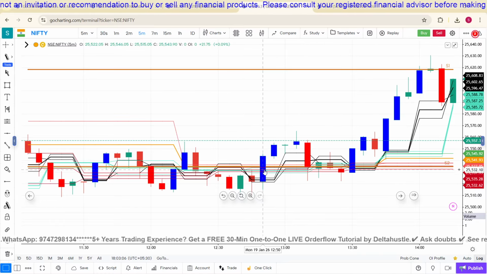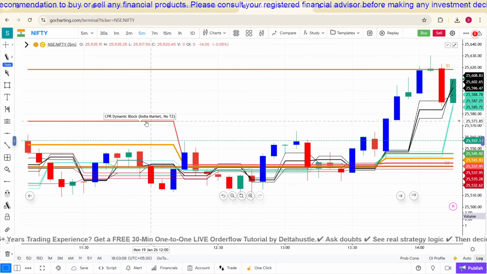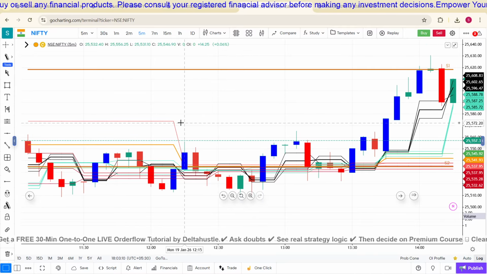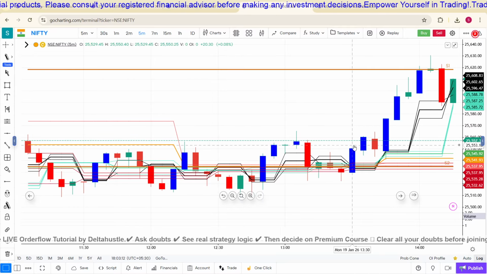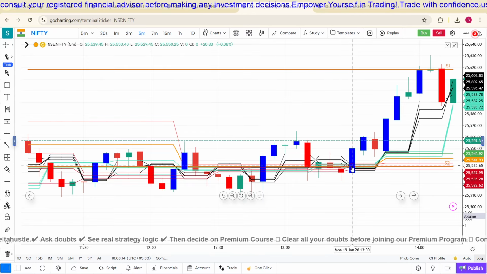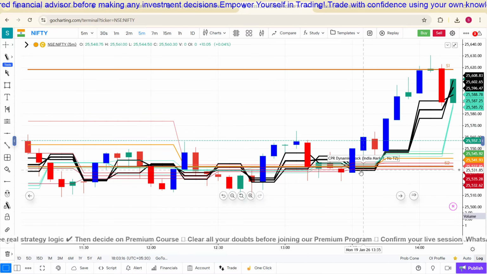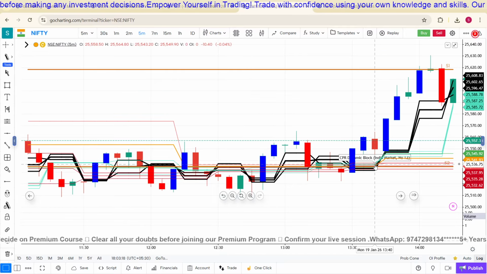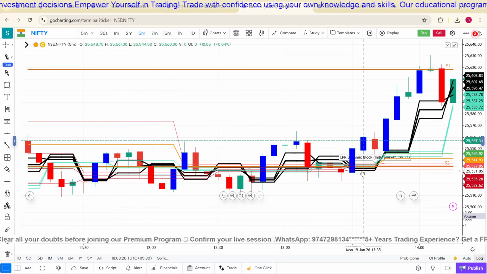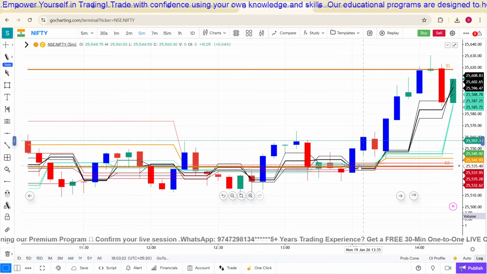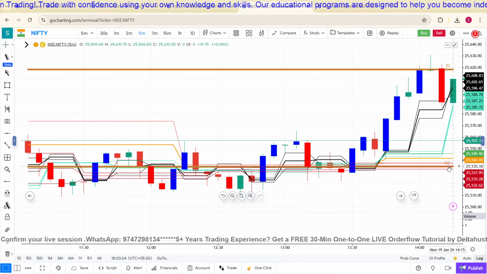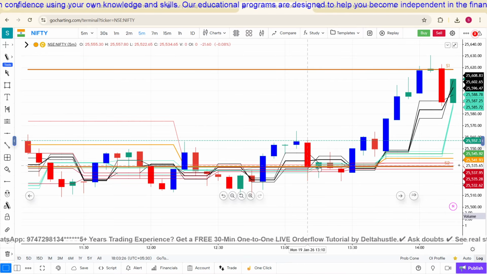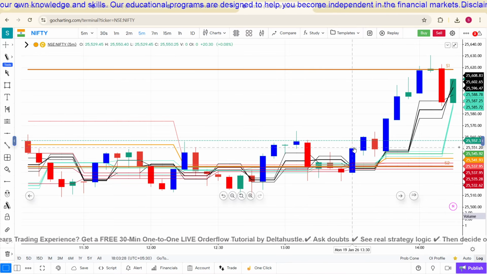And in this breakout also, you see, we have a resistance here. But you see this CPR, all the 90 minutes, 30 minutes and 15 minutes CPR aligned together here in this support 2 range. And that range has broken.